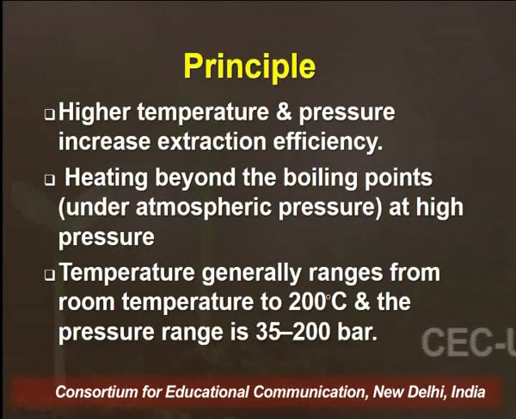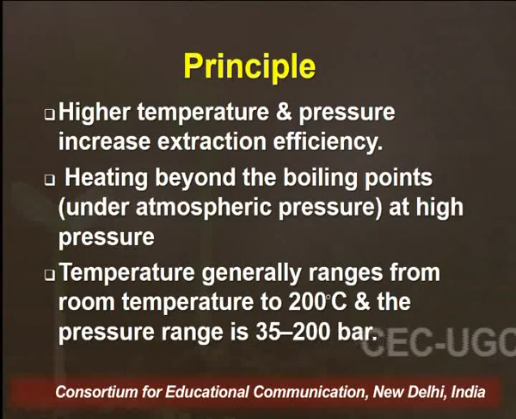Since we have to take the solvent to a very high temperature above its atmospheric boiling point, we require high pressure to keep that solvent in liquid form. The crux of the principle of this technique is that you subject the sample mixed with the matrix to a higher temperature, far above its atmospheric boiling point, and apply high pressure in order to keep the solvent in the liquid state.